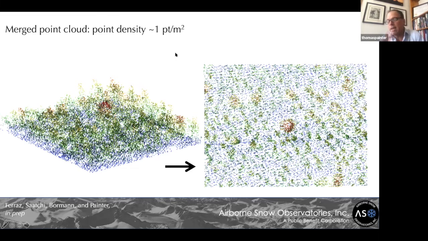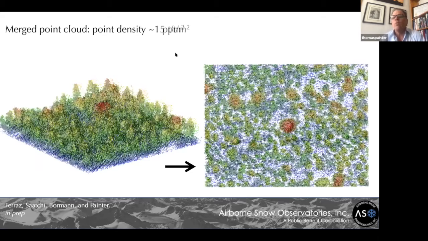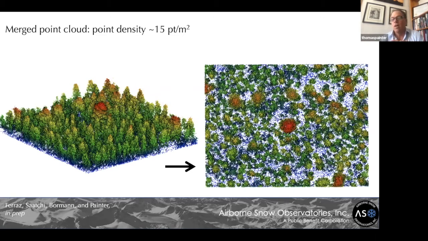But by fusing the time series over the year, we have the ability to fuse this into an approximately 15 point per square meter acquisition. Now, it's not a simultaneous acquisition, so there's a little bit of uncertainty there. Likewise, you've got growth that's going on during that time, but this at least is a filler in between the times when you have a very high point density acquisition, akin to what Nate Roth is going to be leading with the California LiDAR program to really carefully characterize those forests. So these data will be available on an annual basis.